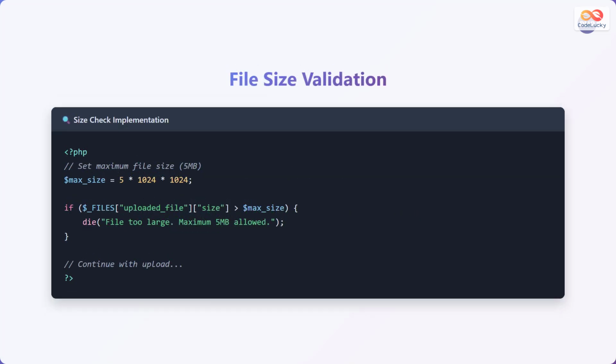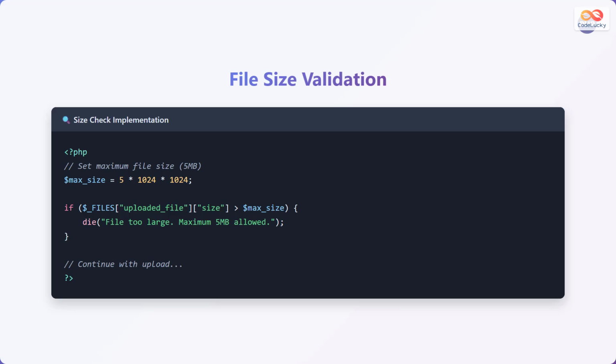File size validation is crucial to prevent users from uploading excessively large files that could exhaust server resources or pose security risks. Let's explore how to implement file size validation in PHP. First, set the maximum file size, which is 5 multiplied by 1024 multiplied by 1024, which equals 5 megabytes. This line calculates the maximum allowed file size in bytes.